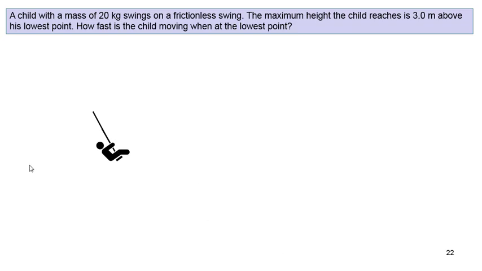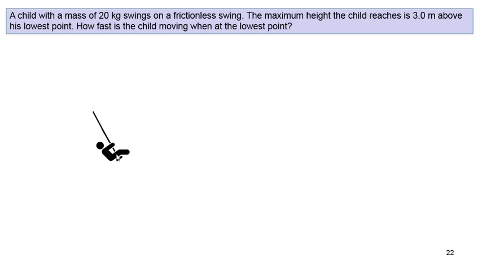So this child is going to be swinging back and forth. If I think of all the forces acting on the child, there's going to be gravity pulling straight down. And then you can either say there's the normal force of the seat pushing up on the child, or you can say there's tension on the swing pulling up like that. That force is a centripetal force.